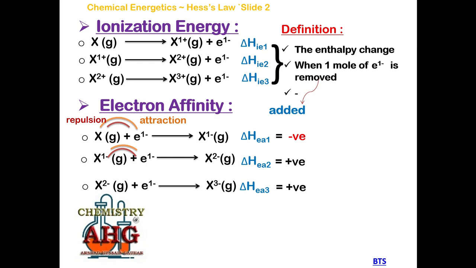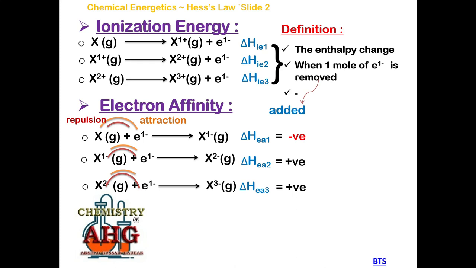Greater negative charge will cause greater inter-electronic repulsion, and the enthalpy change becomes more endothermic. So maximum force of repulsion you can expect in the third electron affinity, and force of attraction becomes minimum. That is why all electron affinities are endothermic except the first electron affinity, because force of repulsion due to interelectronic repulsion dominates force of attraction, and force of repulsion can be overcome by absorbing energy.